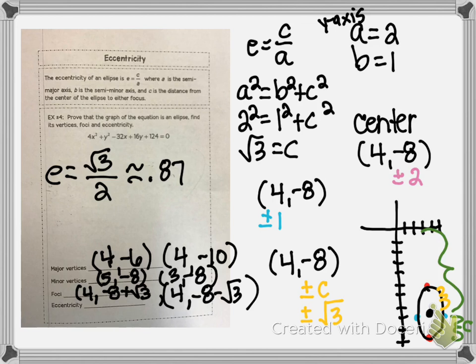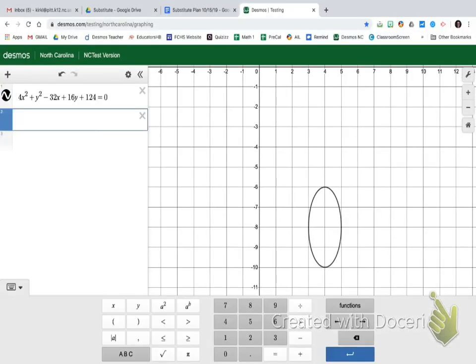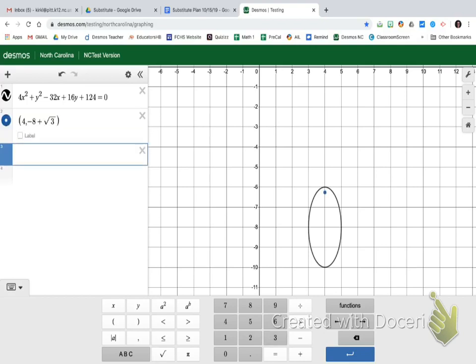All right, so we can actually go back and look at this situation, and we can graph it. So here was our original, and we said 4, negative 8 plus the square root of 3. There's that foci at the upper level.